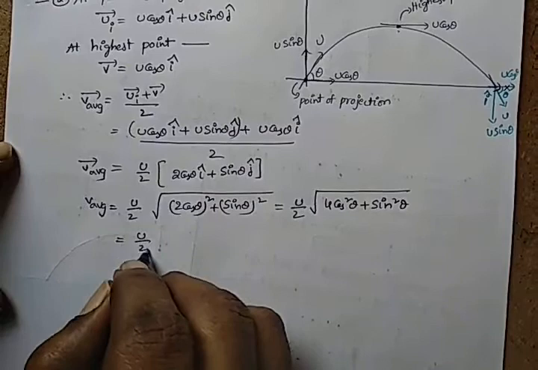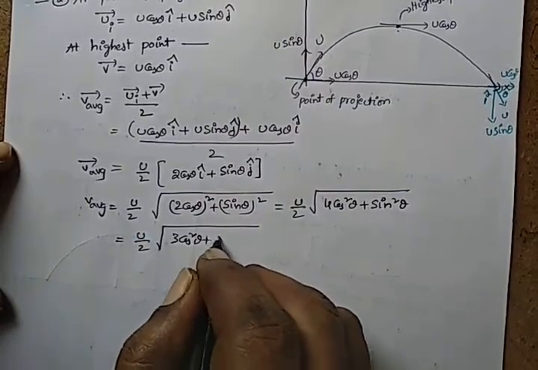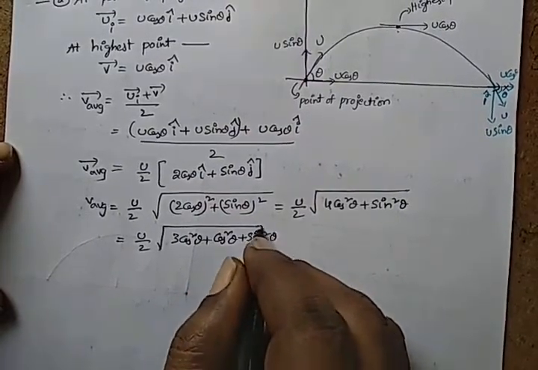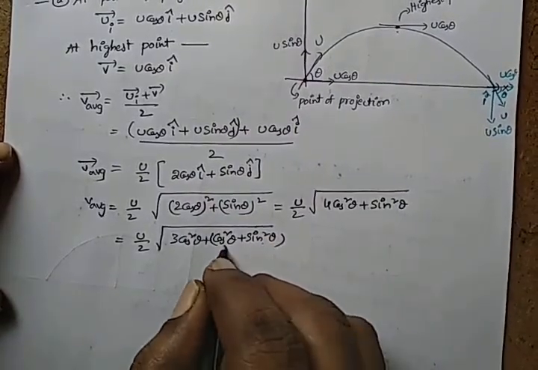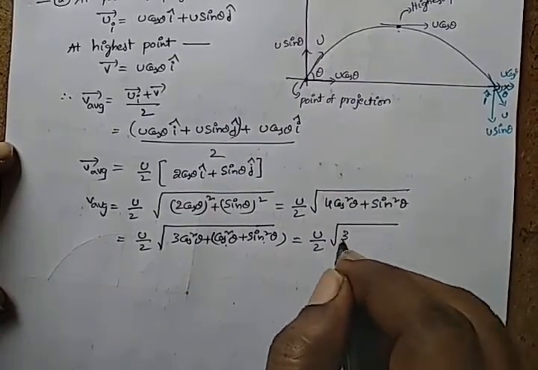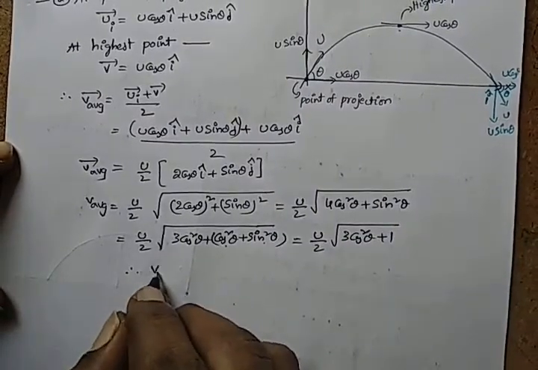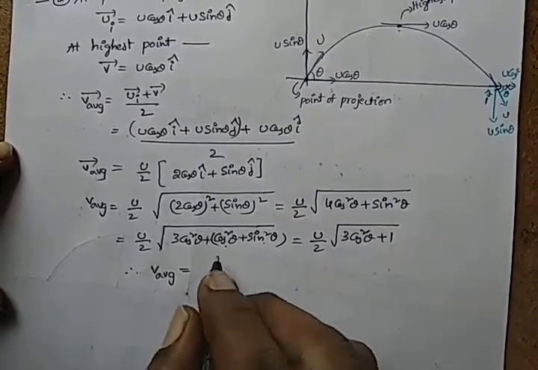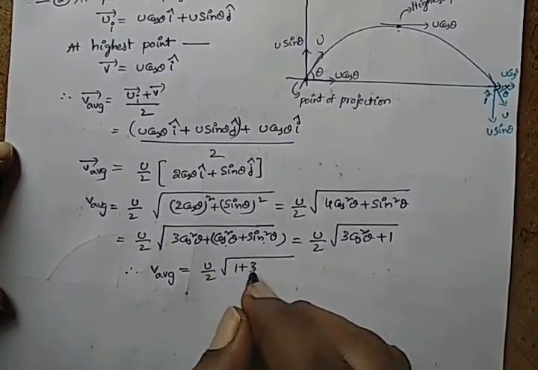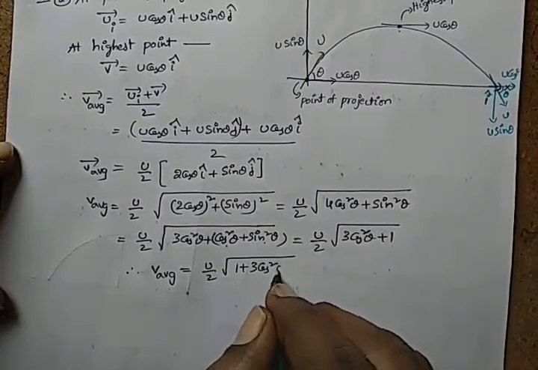So that is equal to u by 2 into square root of 3 cos square theta plus cos square theta plus sin square theta. So here sin square theta plus cos square theta value 1. So that's why I write here u by 2 into square root of 3 cos square theta plus 1. So this is the magnitude of average velocity of projectile between its point of projection to highest point of its trajectory.